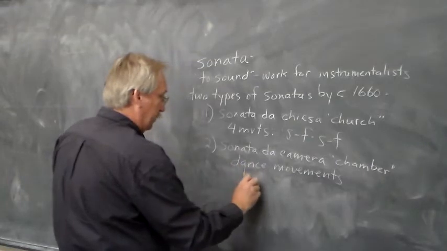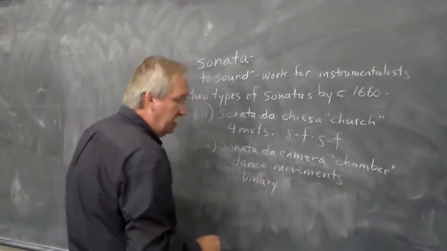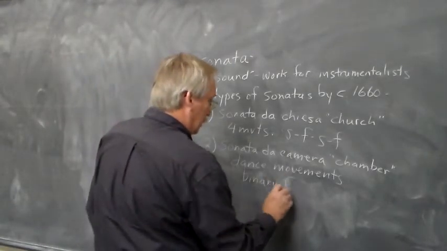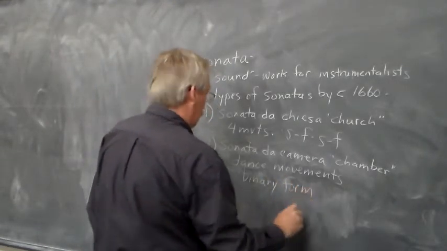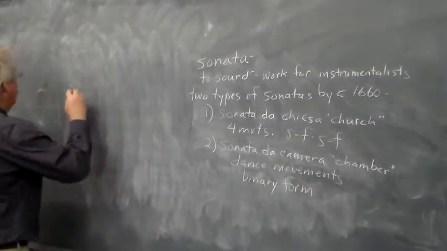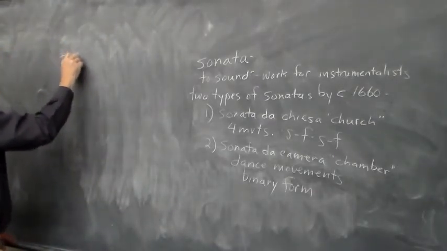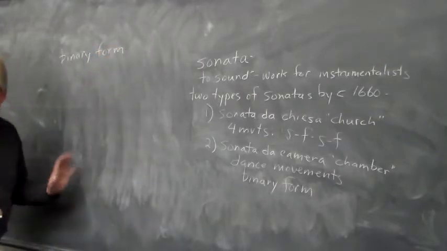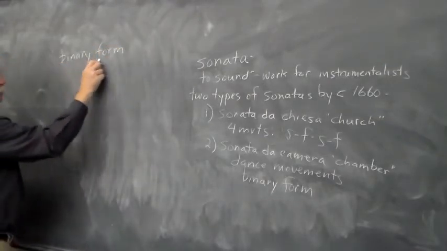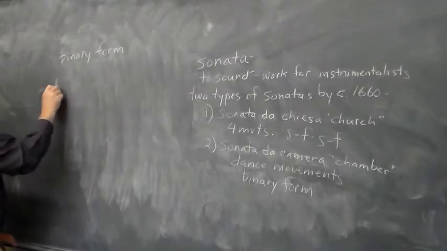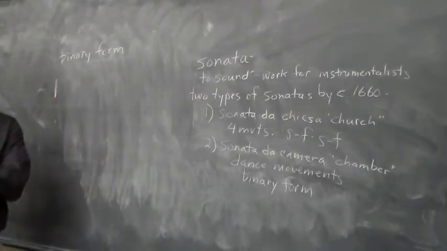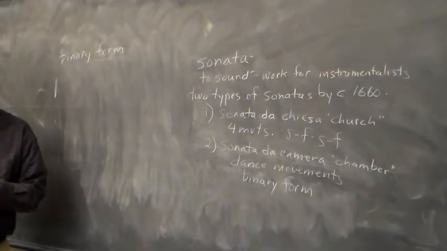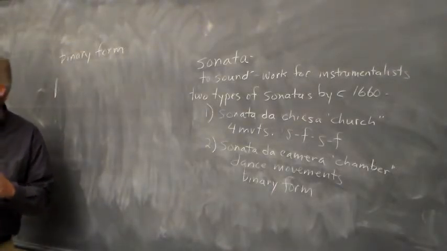So think of binary form when you're thinking of the form associated with dance. So, as this term implies, it's 2-part form. Basically, it features one theme. So this follows the doctrine of affections, that idea of having one emotion per movement.